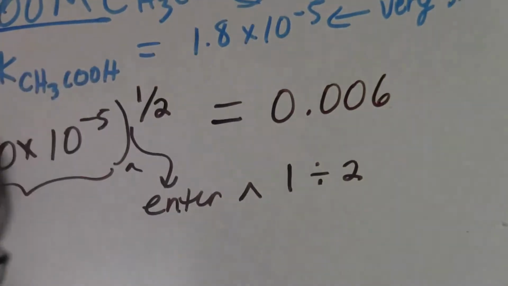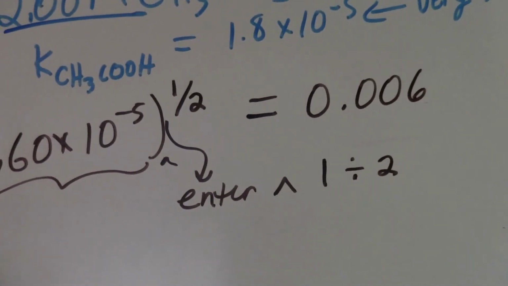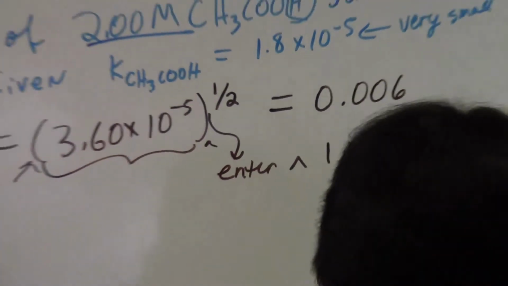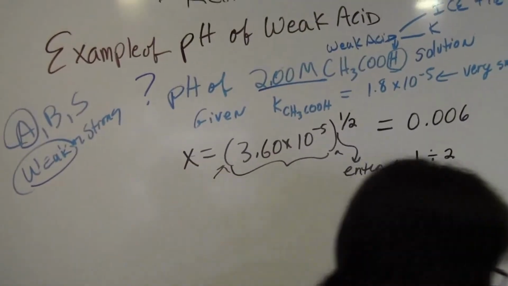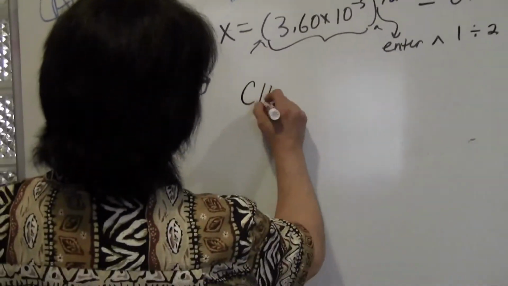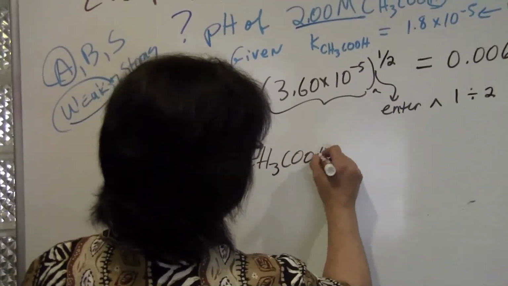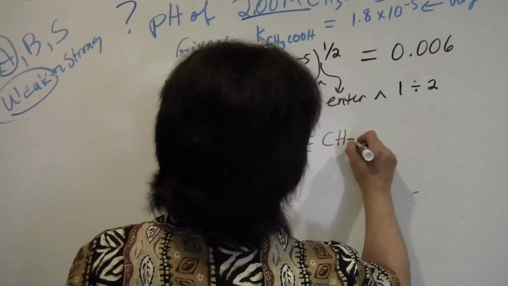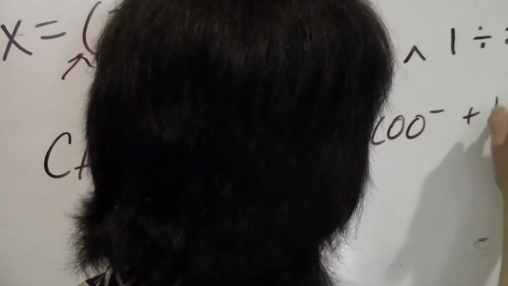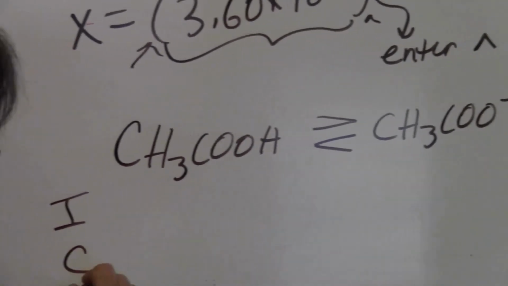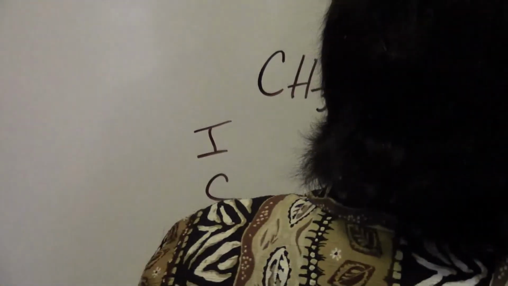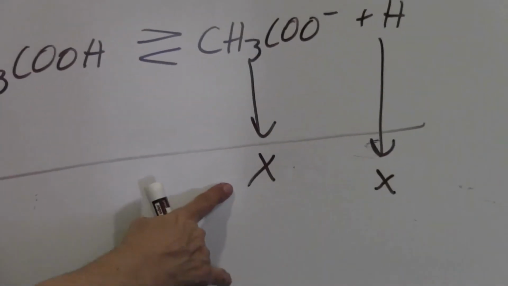0.006. Well, I shouldn't have erased that board, but I'll show you what that represents. In our equilibrium chart, ICE, these both were x. See what we just solved for?